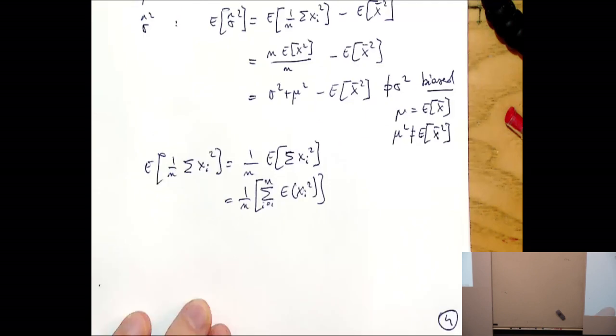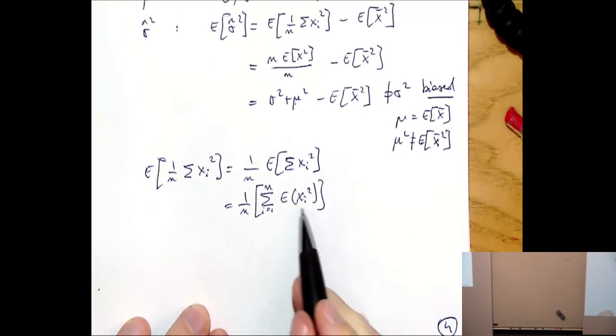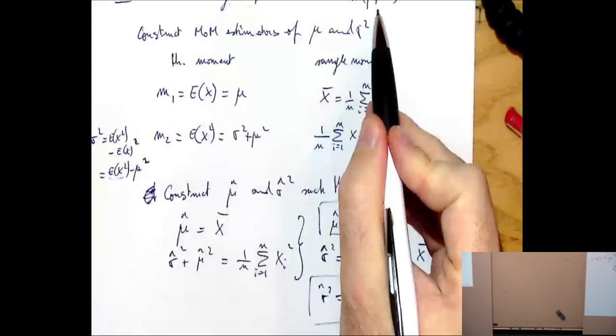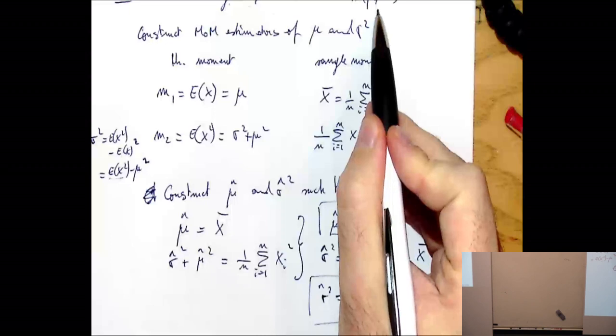So expectation of xi squared, we have all those random variables here. They form a random sample. They're identically distributed, so they all have the same distribution that is equal to that, right?